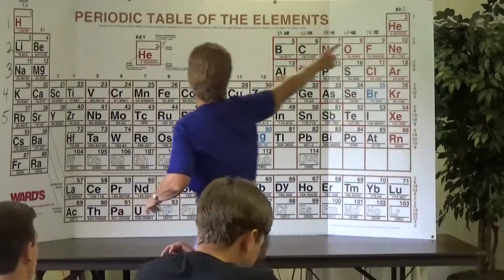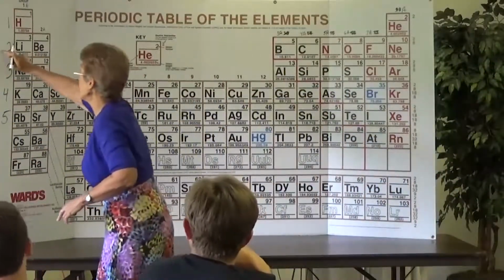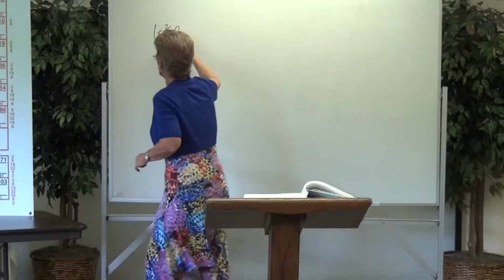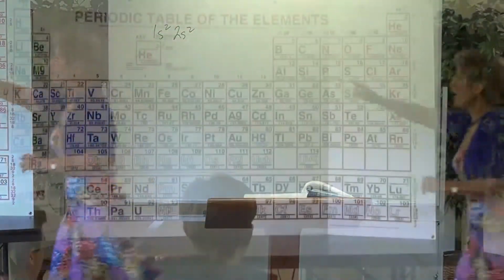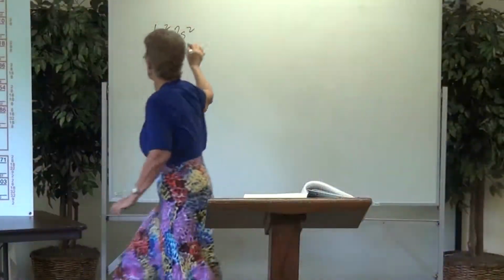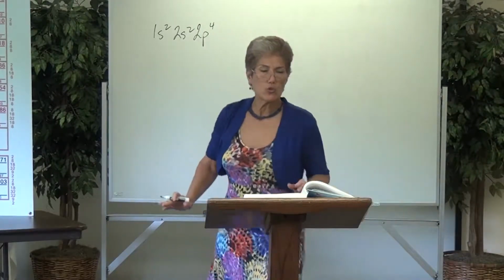So I go 1s2, because I've got to get down to the second level. Now I go 2s2, and I write that down. And now I go 2p, 1, 2, 3, 4. 2p4. There's oxygen. You just use the chart.